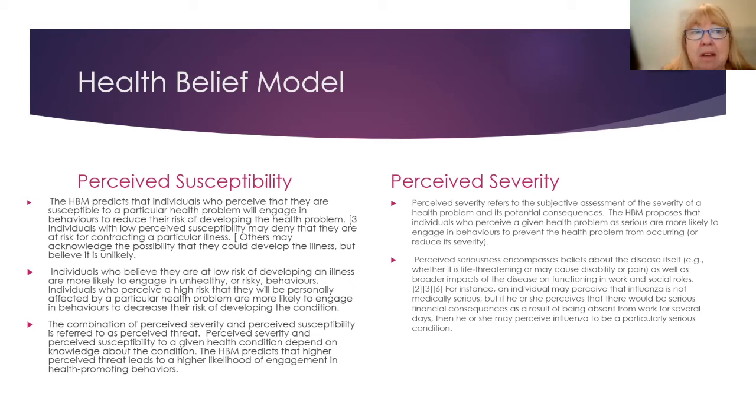So I'm going to make sure I have all my jabs. I'm going to wear my mask, wash my hands, and distance a lot just to make sure I'd be fit enough for the wedding or something like that. So the health belief model uses those two areas to think about, okay? Any questions so far?